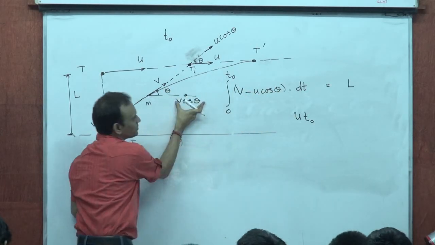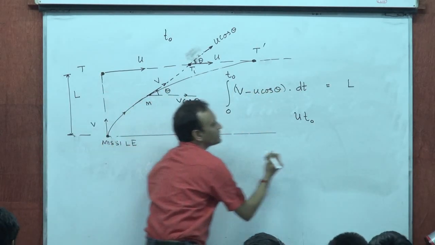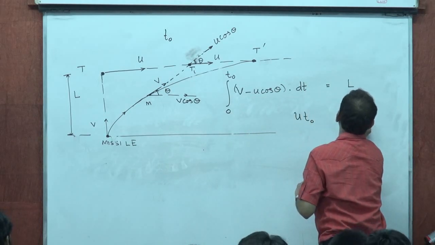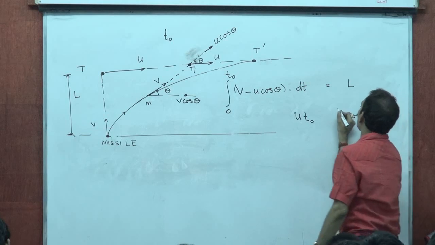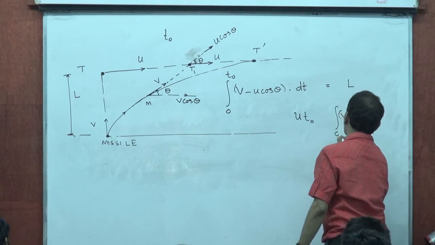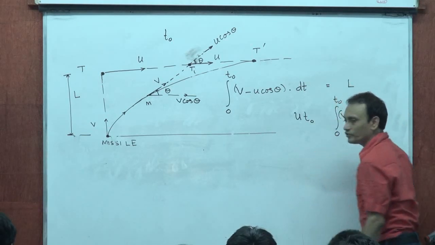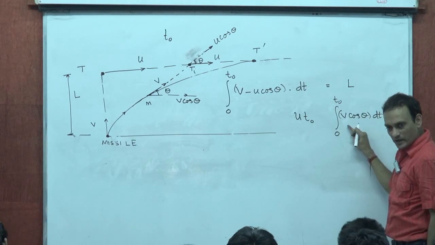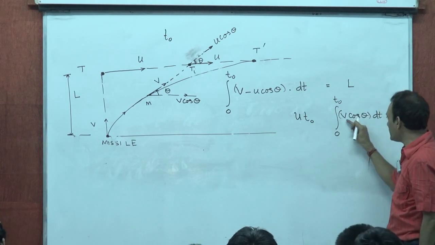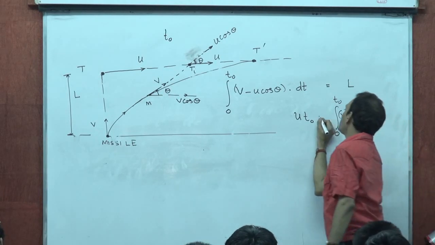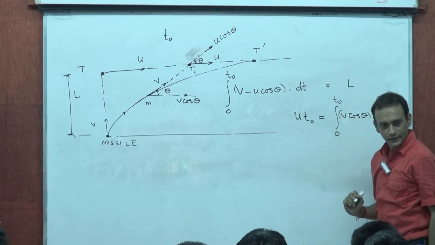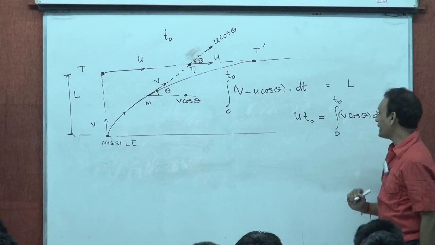The horizontal displacement in a small time dt is v cos theta dt. In a time t naught, the horizontal displacement of the missile must be the integral of v cos theta dt from 0 to t naught, and that must be equal to the horizontal displacement of the target, right?